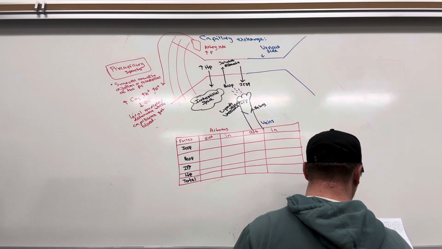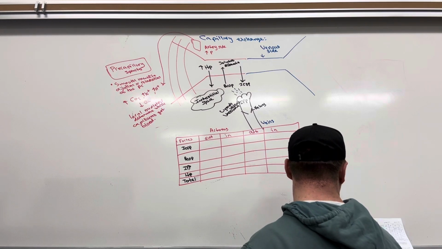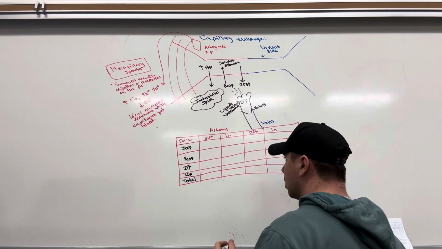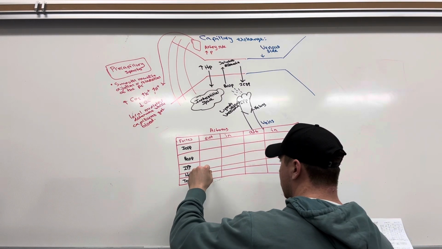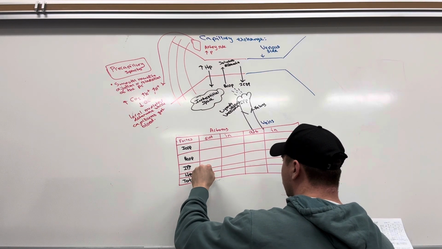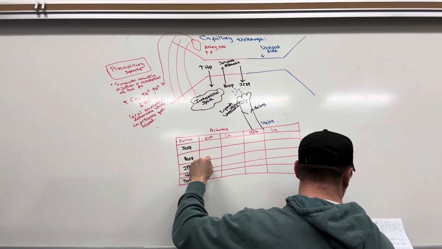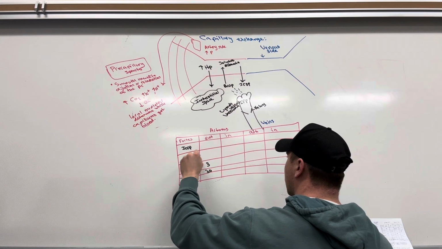So, what ends up happening with this is we have some numbers here. HP, or blood pressure, BP, is going to be 30 going out. IFP is about 3 going out.